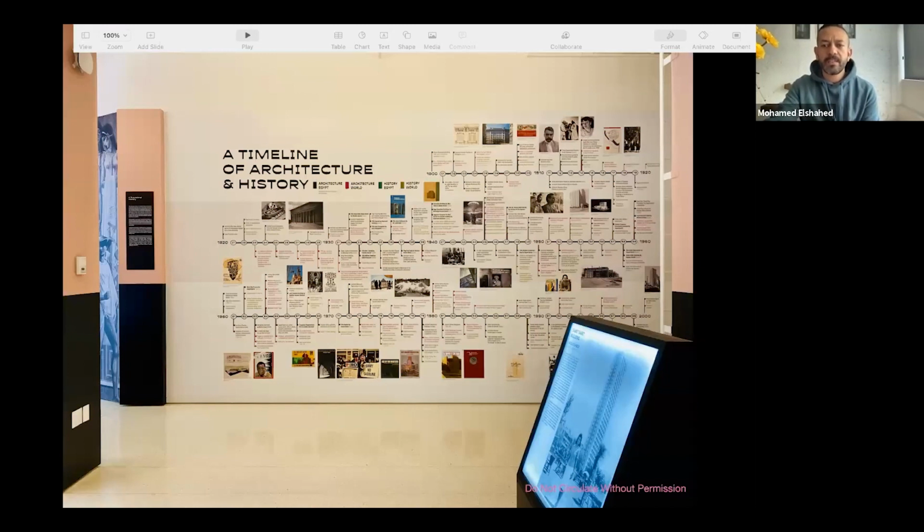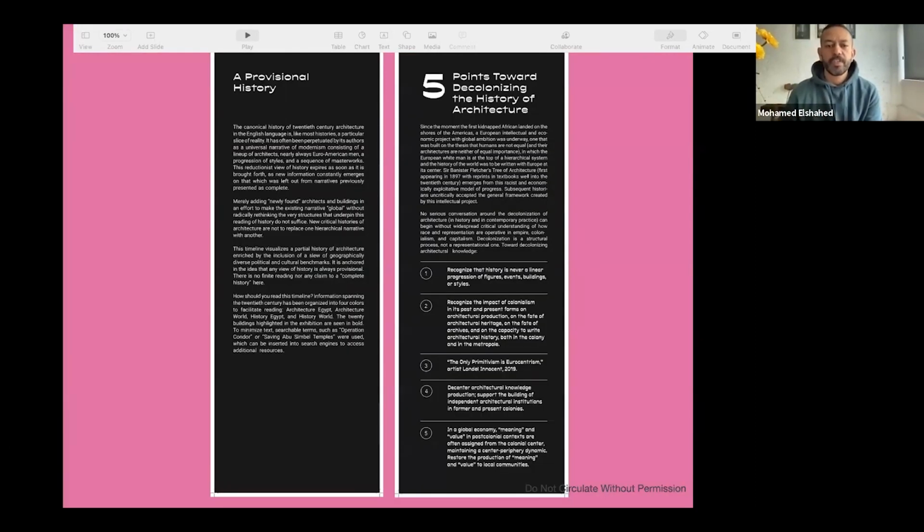Just one last thing: the timeline comes with basically two boards. One is a provisional history, to remind people that history is not linear, as I mentioned earlier, but also the 5 points toward decolonizing the history of architecture, which I'm honestly a little bit surprised is even provocative for anyone, just because it says things like that we live in a world that was designed around the unchallenged superiority of the white male.